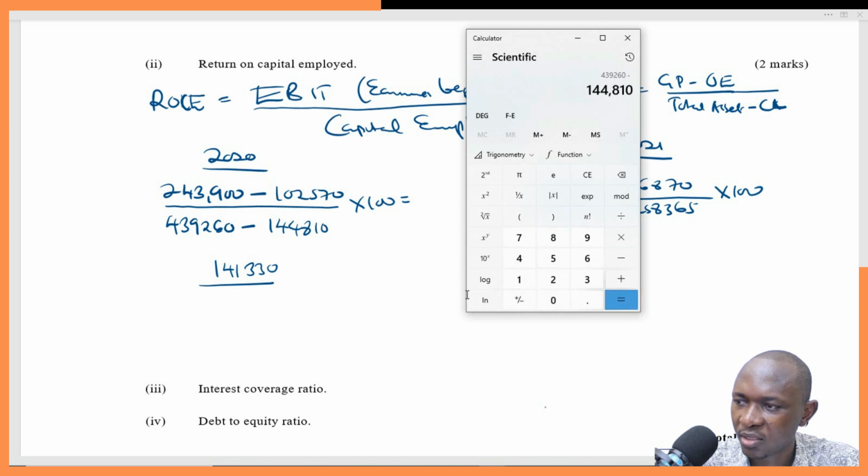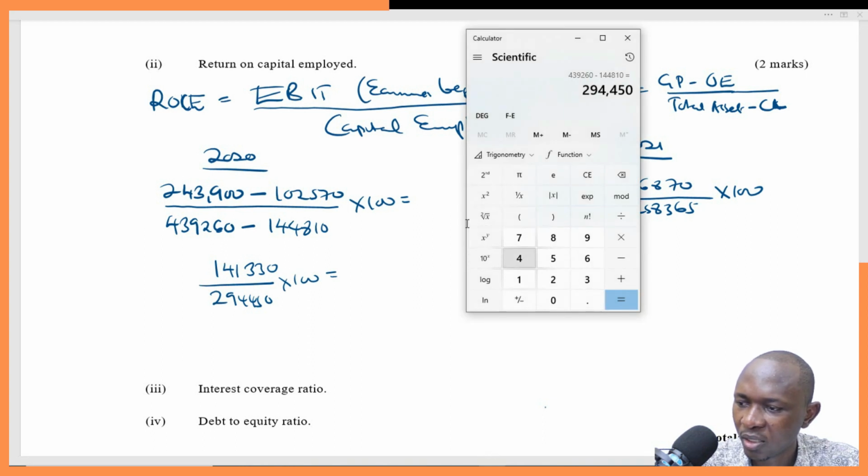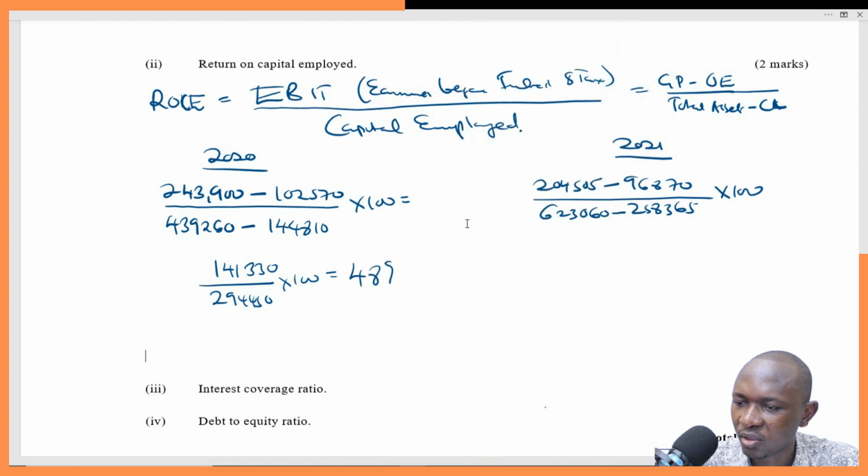Though we had already done this, I think we got 294,450 here. 294,450 times 100. So the answer will be 141,330 divided by 294,450, times 100, of course. We have 48%. And then this other side will have 204,505.